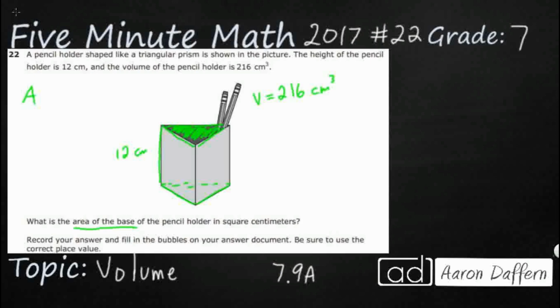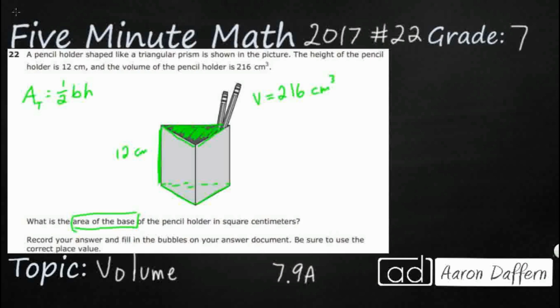So when we're looking for the area of the base, and we know it's a triangle, I'm going to put area of a triangle. That's 1/2 base times height. But we've got problems. The only distance we have here is that 12 centimeters, and that's the height of the triangular prism.